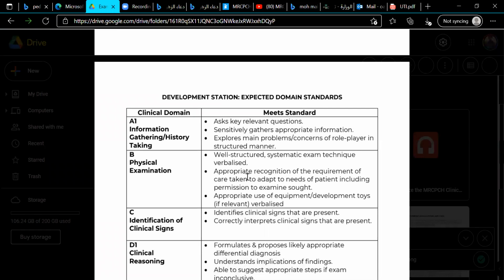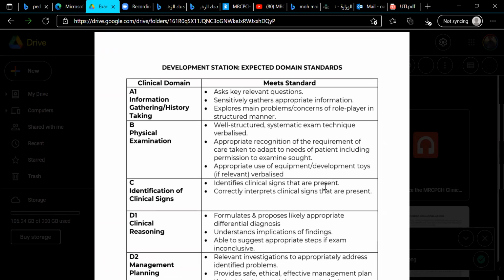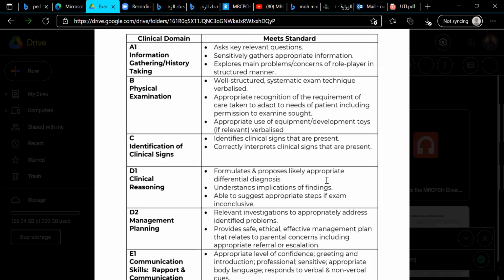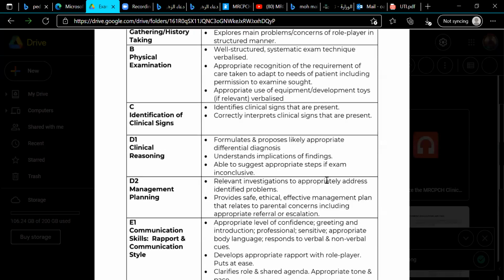And in the physical examination, it should be well structured with systematic exam technique verbalized, appropriate recognition of the requirement of care, adapted to the needs of the patient, including permission to examine, appropriate use of equipment and developmental toys, and I will show you the picture also in the website. Identification of clinical signs that are present, and correctly interpreting them.